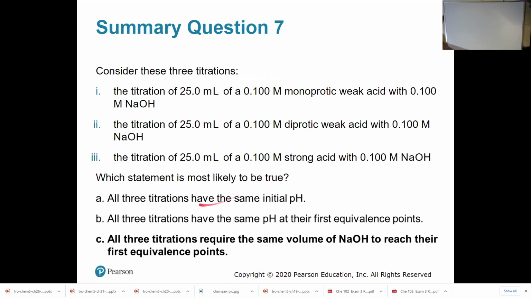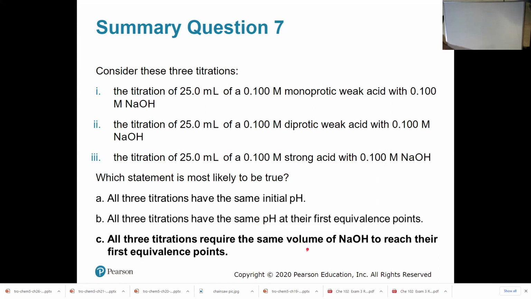The same is going to be true for the pH of your first equivalence point. The pH values are going to be linked to the hydrogen ion concentrations, and these are not going to be the same for all 3. Now the moles of the NaOH that you're going to be adding will be the same.